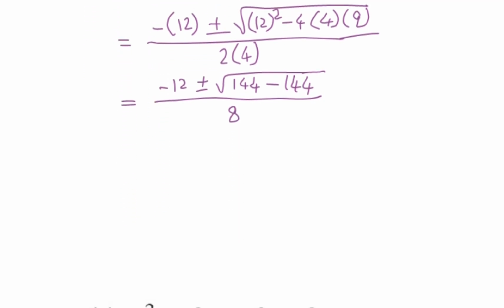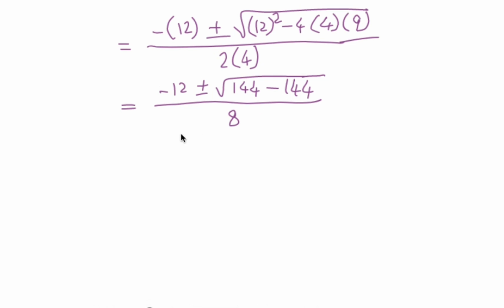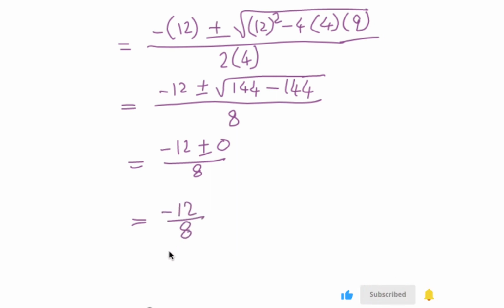So here square root portion is 0, and here minus 12 upon 8, and we can reduce this by 4. 4 times 2 is 8, 4 times 3 is 12. So this equation has only one solution, x is equal to minus 3 upon 2.